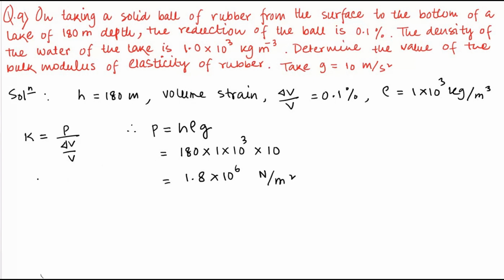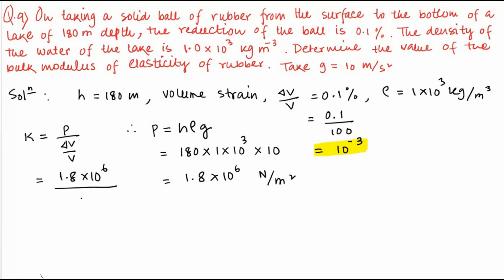Now we have all the data here. So P is 1.8 into 10 to the power 6, and delta V upon V is equal to 0.1 percentage. That means this is equal to 0.1 divided by 100, which is equal to 10 to the power minus 3, right?